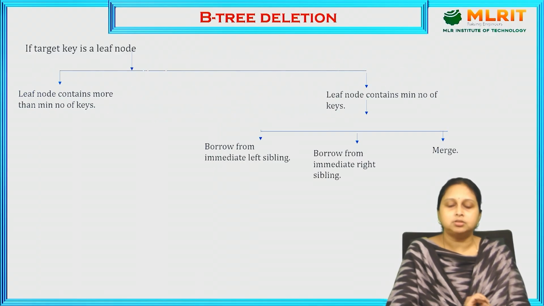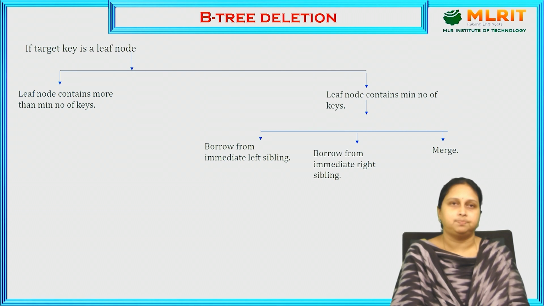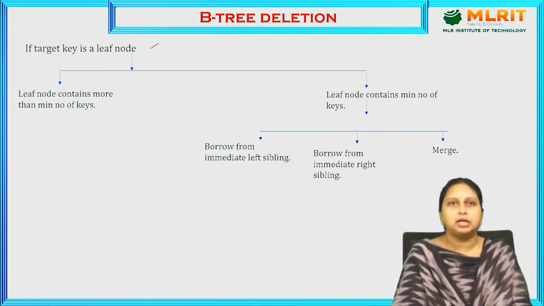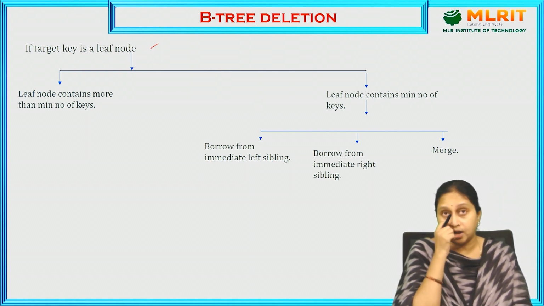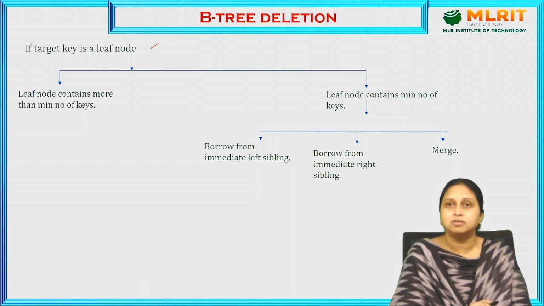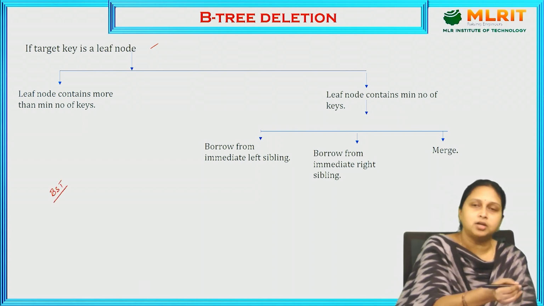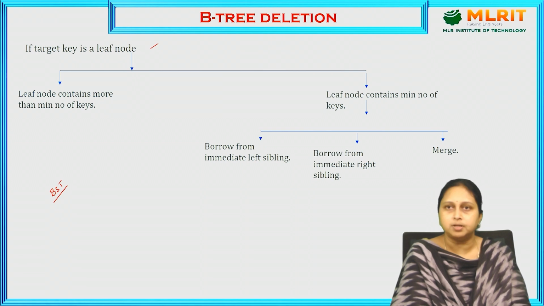Now coming to the next topic, B-Tree deletion. When we perform B-Tree deletion, we come across many cases. What are the different cases that occur when I want to perform deletion? As we have seen in the BST, we come across three cases when deleting a particular node.